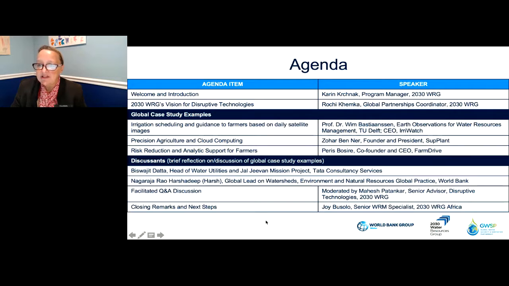They bring a wealth of experience and knowledge, but we want to save the time. It would be quite long for each of them, so we're going to save that for the discussion. We also have the honor today of having two discussants who will offer their perspectives on these cases. So that will include Biswachit Datta, who's with Tata Consulting Services, and Harsh Nagaraja, who's with the World Bank Environment GP. And then we'll turn over to a moderated Q&A before closing remarks.